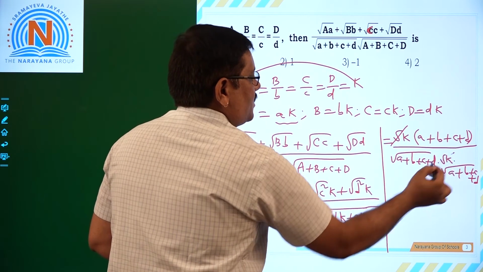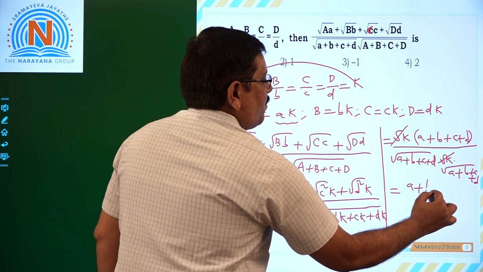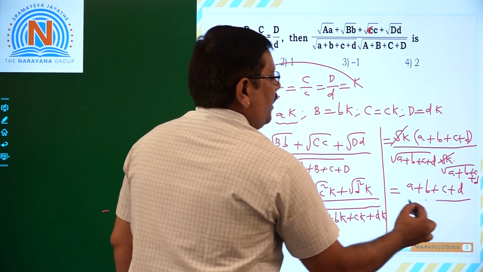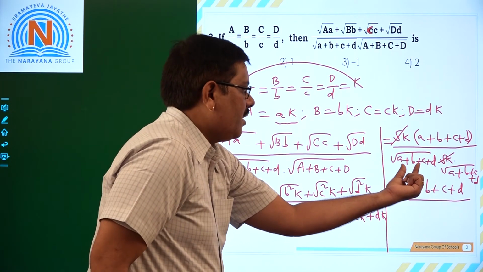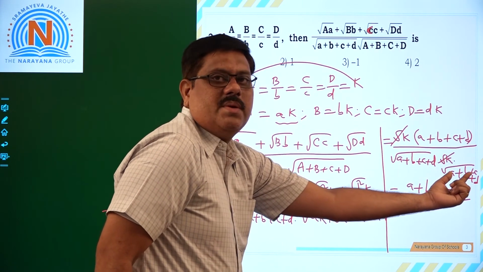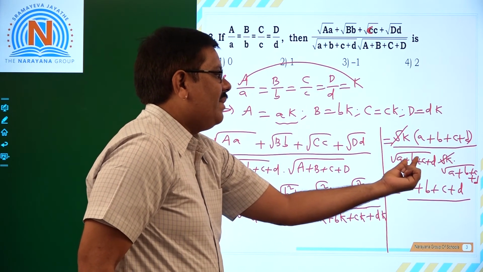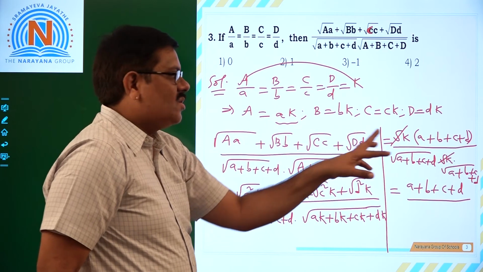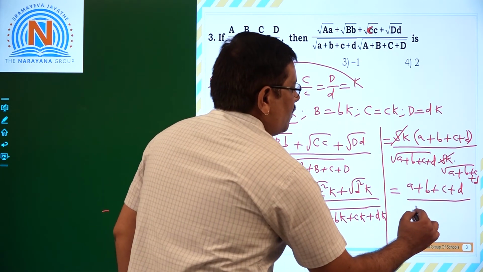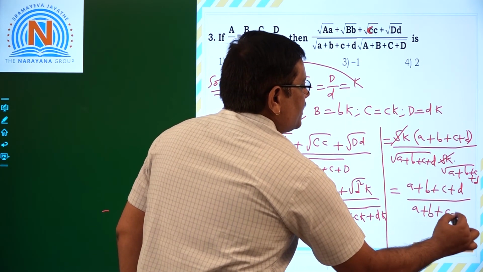Now root k cancels. The product of the two roots means root over a plus b plus c plus d whole square, so square and root cancel, and we have a plus b plus c plus d.